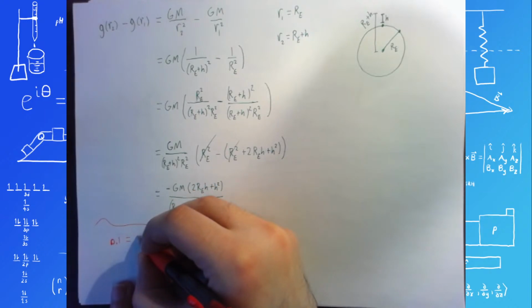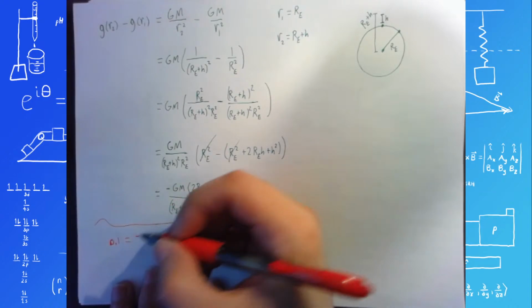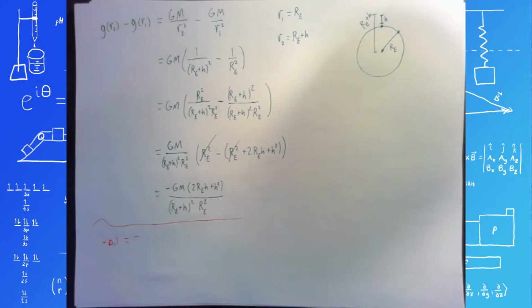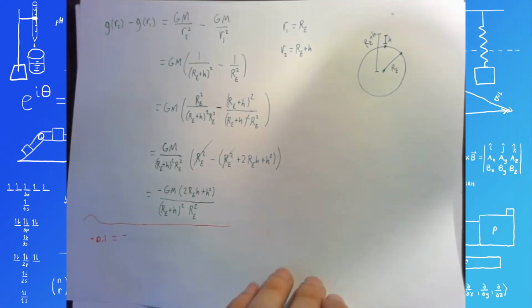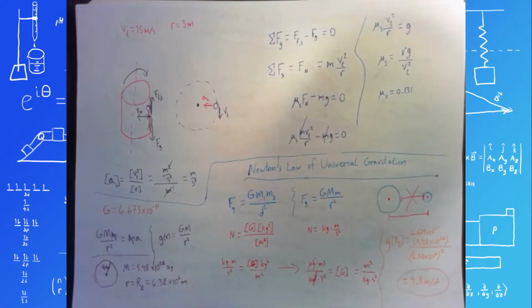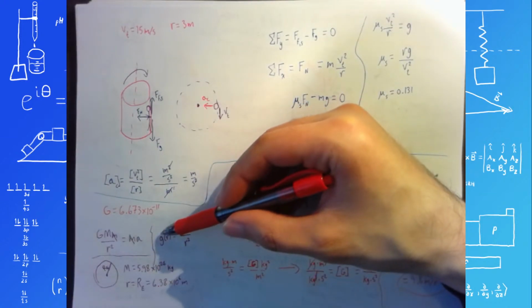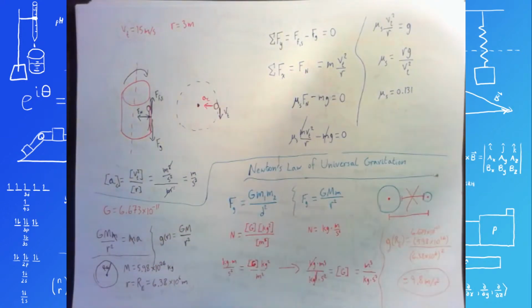Let's see. So I should set it to negative 0.1 because it would be a 0.1 drop. If I'm looking for an acceleration due to gravity of 9.7, well, I guess the easier way to do it would have been to just take this formula and set the left-hand side equal to 9.7 and solve for r.